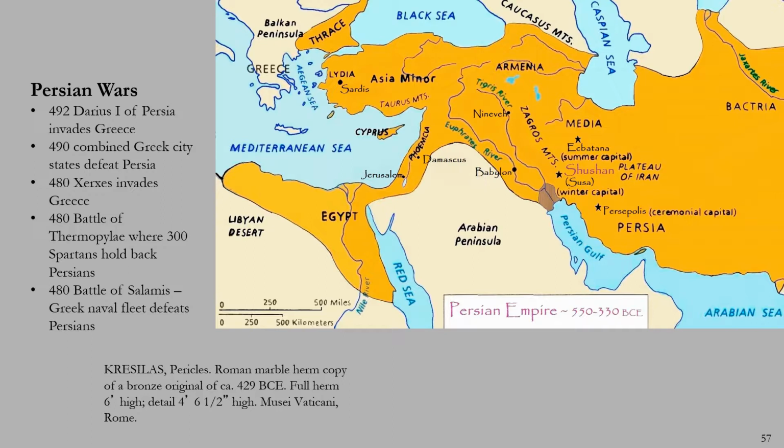Because of their victory, the Greeks expand their control of the Aegean and Mediterranean area. But this is a great time of wealth and prosperity for the Greek city-states.